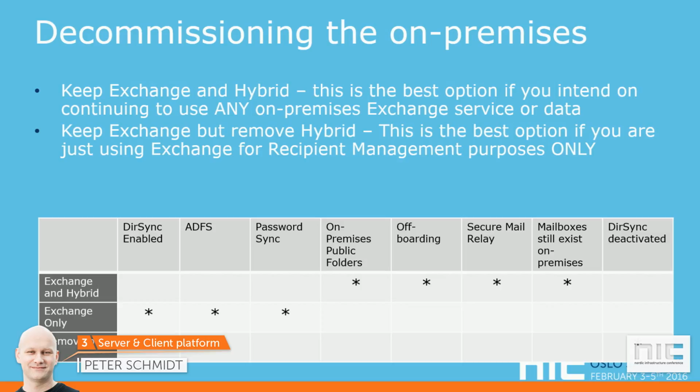And for this, Microsoft has a hybrid license that we can use for just one Exchange server in our on-prem environment. But by using this license, you also agree to license terms that this license server must not host any mailboxes locally.